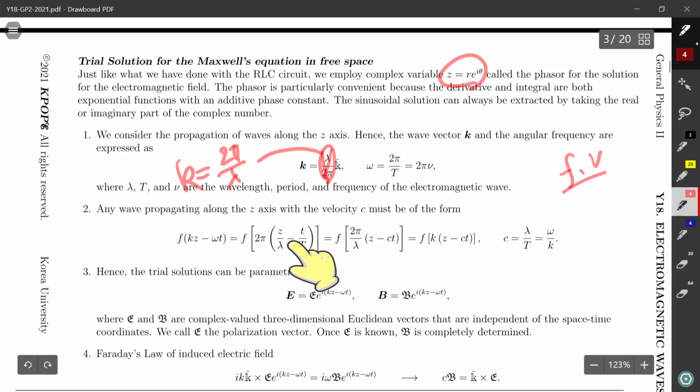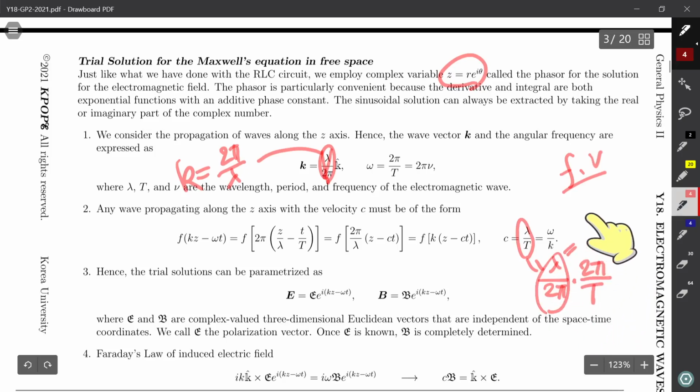Then what we have is wavelength over period, which is omega over k. So we have z minus ct, and any function of z minus ct could be a solution for Maxwell's equations.